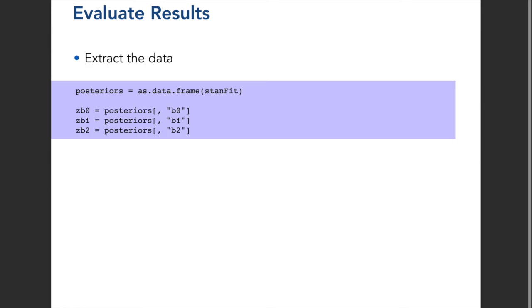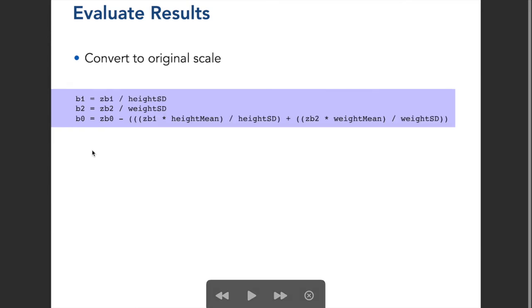So then we can extract the data. This isn't any different than what we've done before. So we can extract them as a data frame and then parse out the values for each of our coefficients. We can convert those to the original scale if we want to. So here I've done that. This isn't anything new. We've done this before.